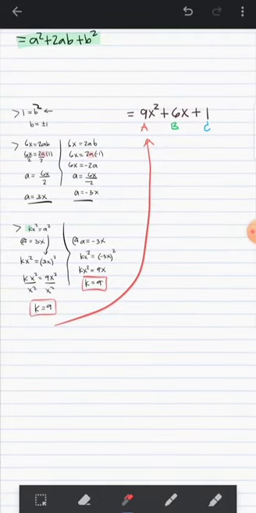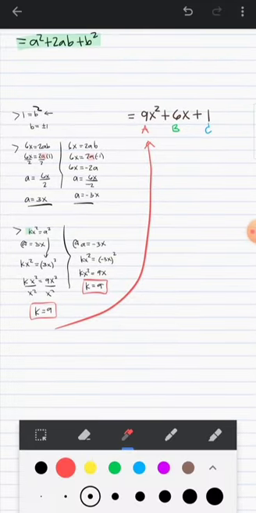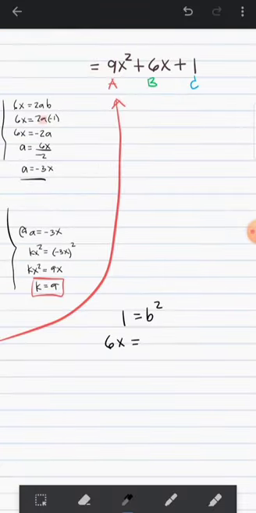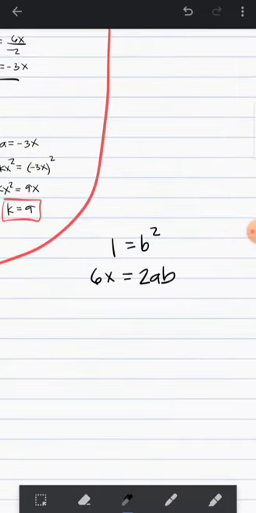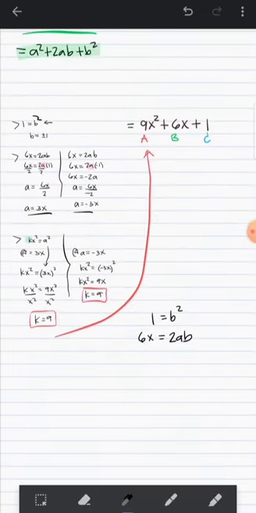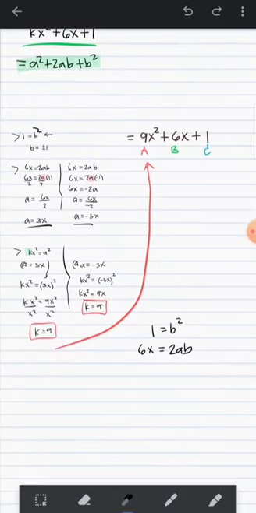So if the unknown is b, let's try if we can still get 6. So still using those equations we got, so 1 equals b squared, 6x equals 2ab to become a perfect square trinomial. So forgive me because the explanation is so long, but I will assure you the process is just as easy if you get it.